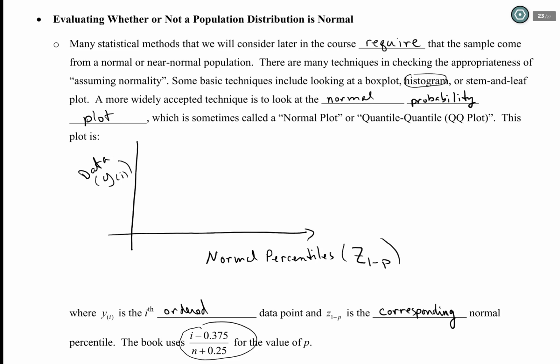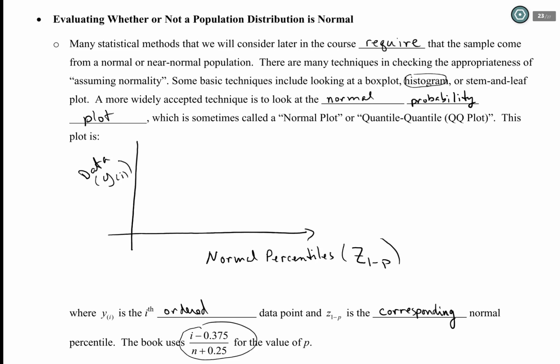I'm not going to go into a lot of detail where that came from, but they use that to get a good sense of what the value of p is under normality, and so that gives them the pth percentile that ties together with that ith data point.